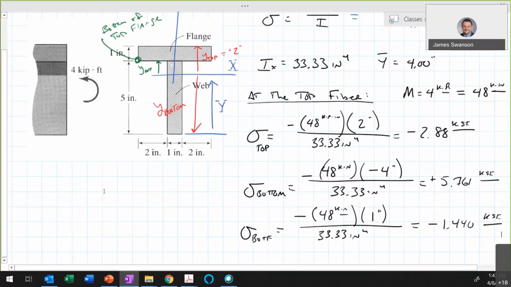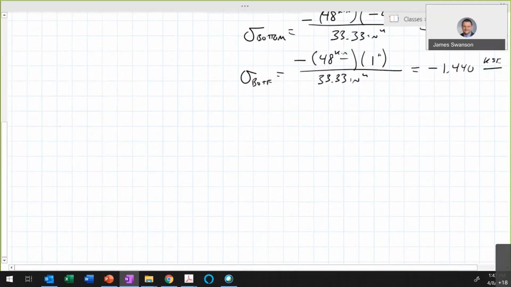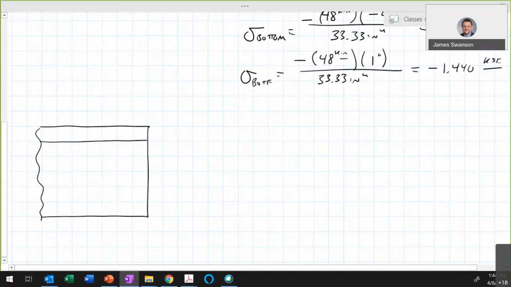All right, so if we wanted to, then what we could do is this. We could come down here and I could draw a side view of the section. So let's say that that's the top flange, and then 1, 2, 3, 4, 5. Here's the bottom of the web. So there's the surface. Here's a cut line here.